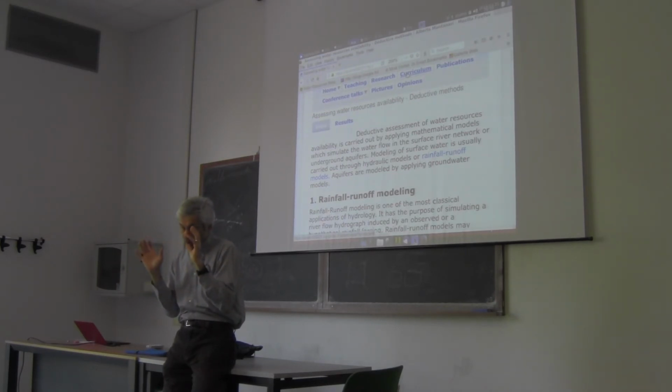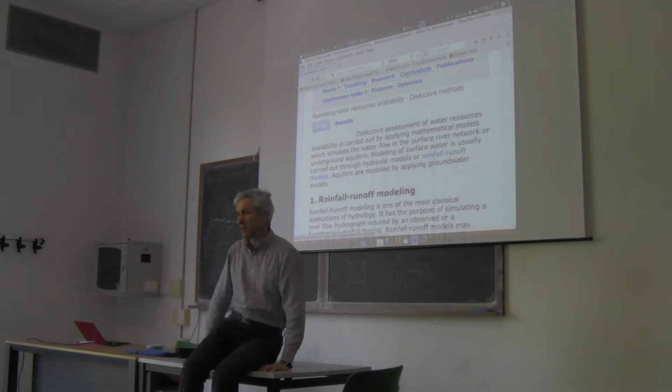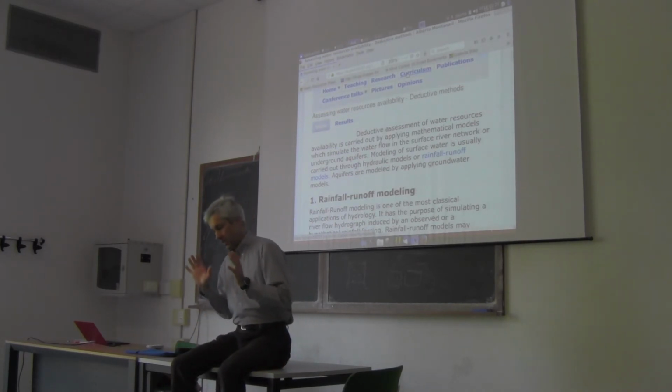But if we want to emphasize the difference, let me say again that the deductive methods start from knowledge. From the knowledge they build a theory, model, design variable. It's applied in many instances in engineering. And if you refer to other subjects that you are taking, you may identify several deductive methods.